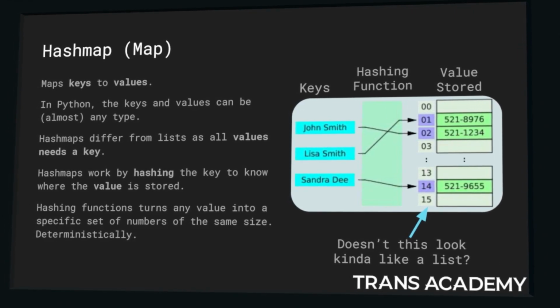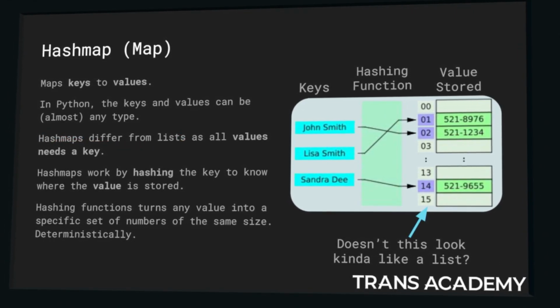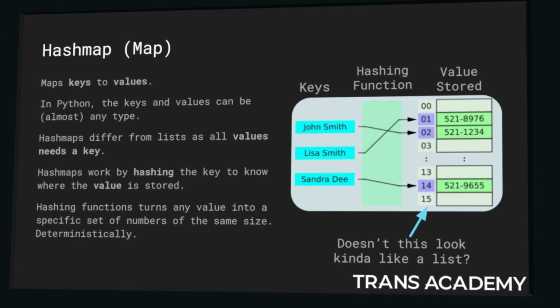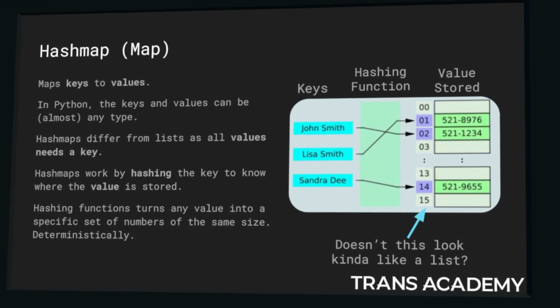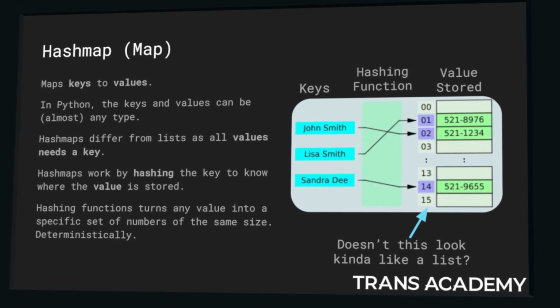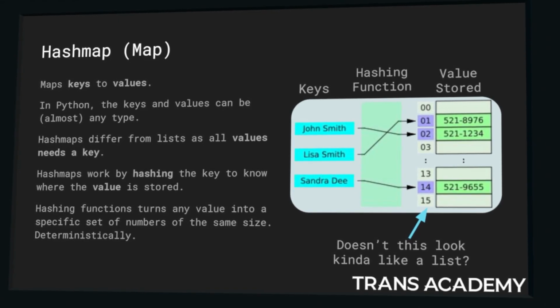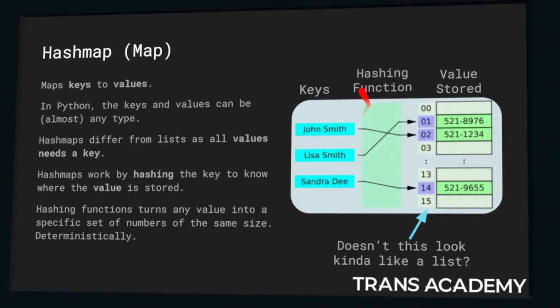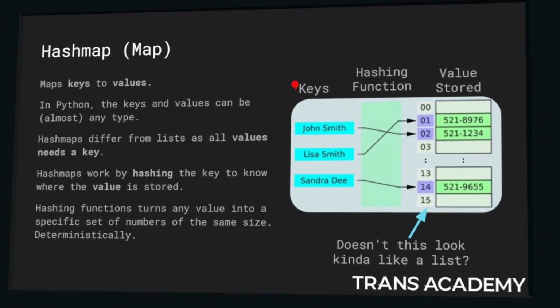So, how does a hash map differ from a list? Well, every value needs a key, and every value can also be set and accessed by a key. The way a hash map works is you provide a key and a value.